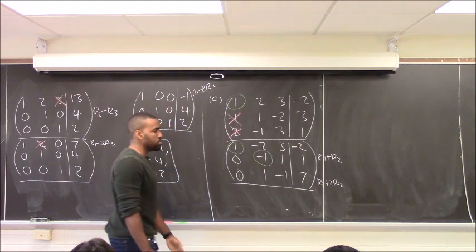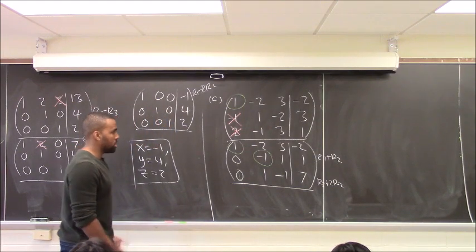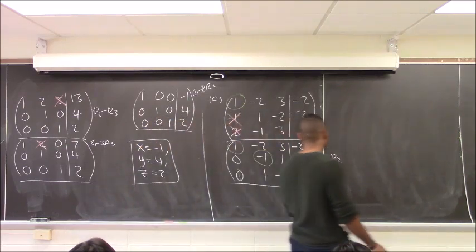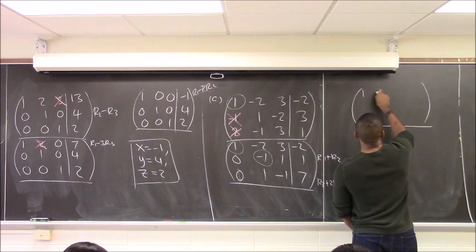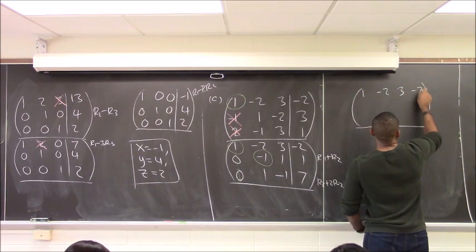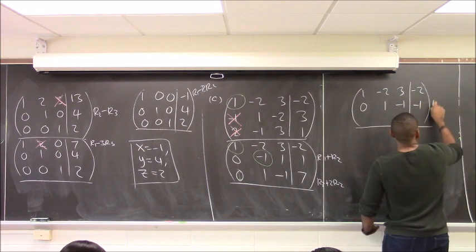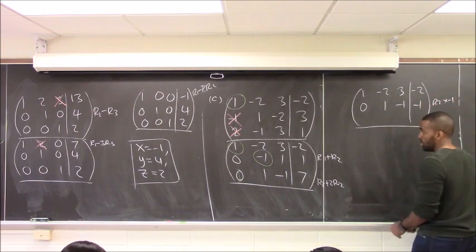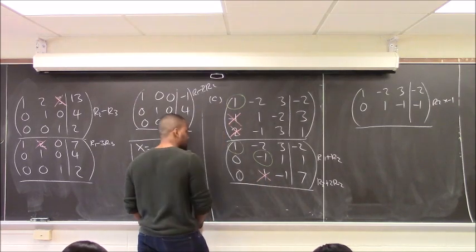So I probably want to keep the numbers here and just multiply through by -1, which is pretty easy and keeps me with small numbers. So 1, -2, 3, -2. Here I'm just going to do 0, 1, -1, -1, row 2 times -1. But I do want a 0 here, so how am I going to accomplish that?